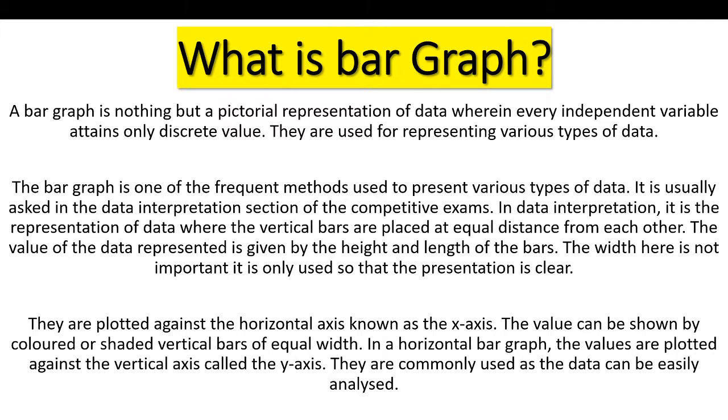They are plotted against the horizontal axis, known as the x-axis, and the values can be shown by colored or shaded vertical bars of equal width. In a horizontal bar graph, the values are plotted against the vertical axis, called the y-axis, and they are commonly used as data can be easily analyzed.